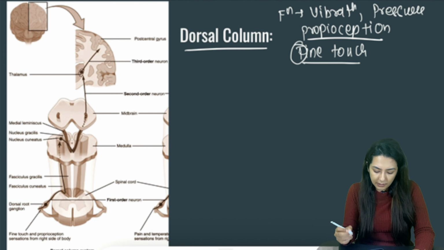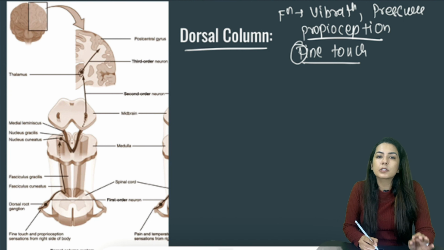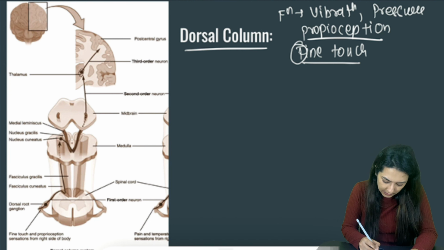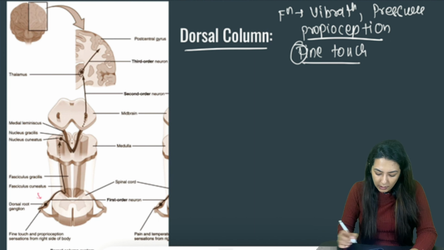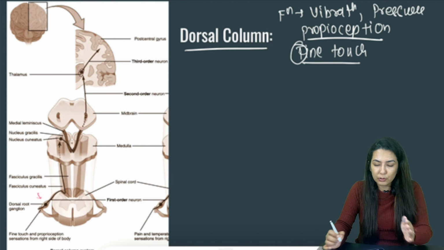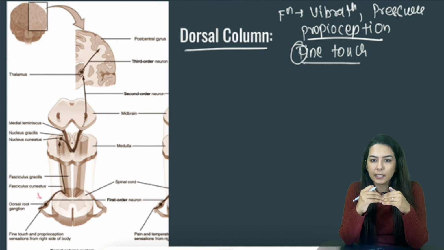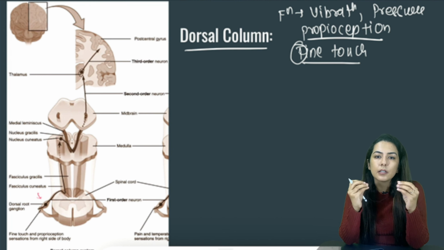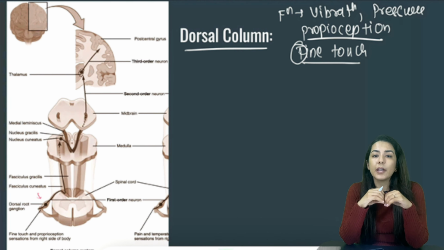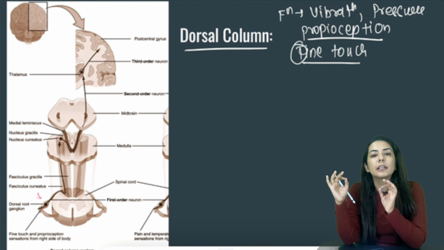From this receptor, the nerves come to the dorsal ganglion. As you can see here, they come to the dorsal root ganglion. You know the spinal cord has white matter outside and gray matter inside. Gray matter is made up of ganglia, or you can say cell bodies of the neurons. White matter is made up of axons, especially myelinated axons.